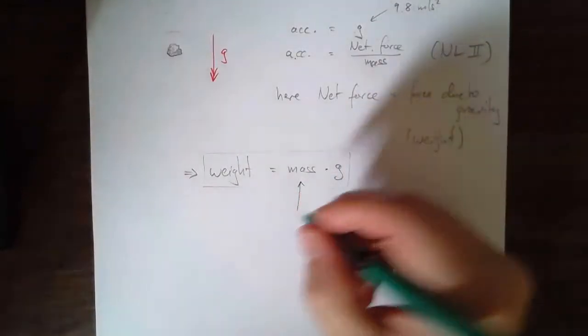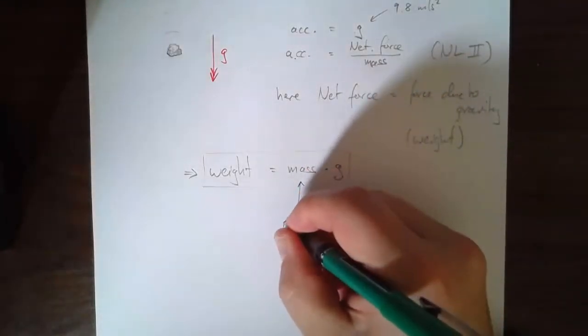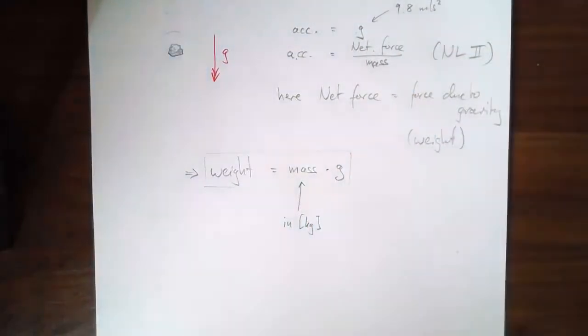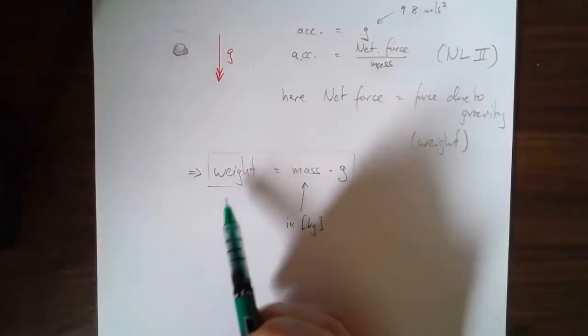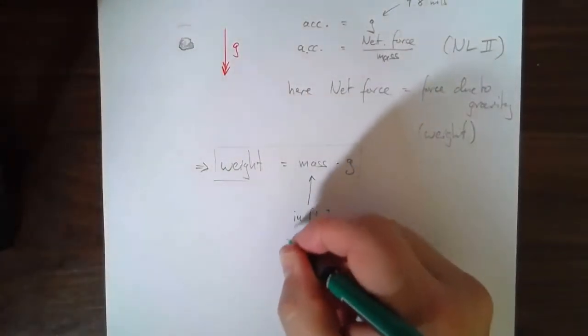So the mass is just how much stuff there is. We kind of discussed it already. That's going to be in kilograms.